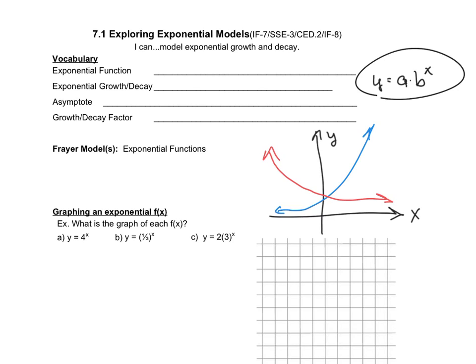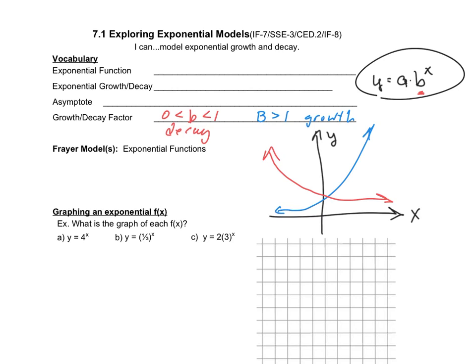And those are based on my decay and my growth factor, so I know that my growth factor is b. So when b is greater than 0 but less than 1, I'm going to have a decay. Okay, that's an exponential decay.